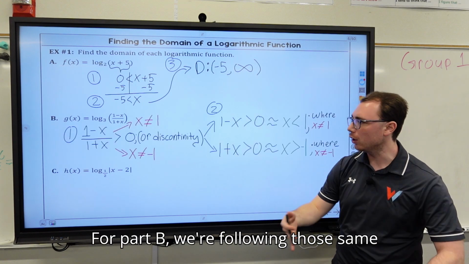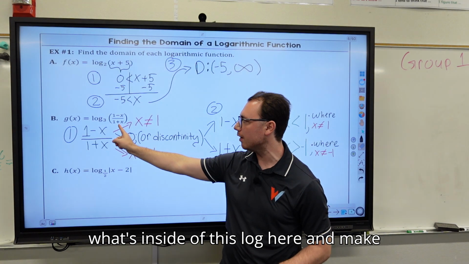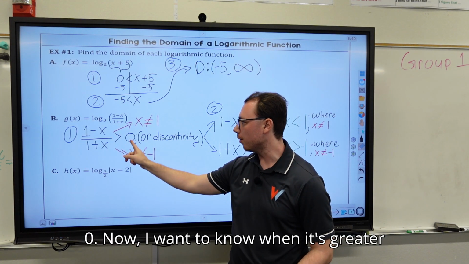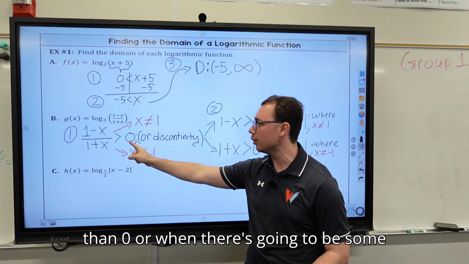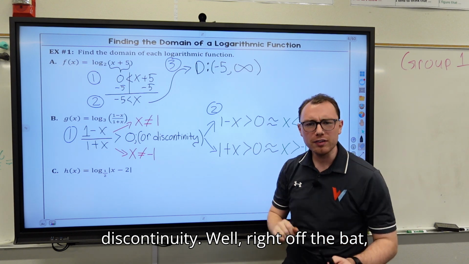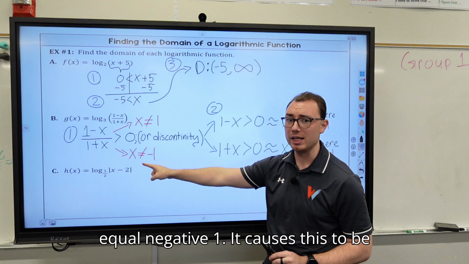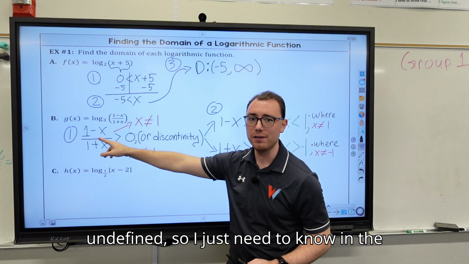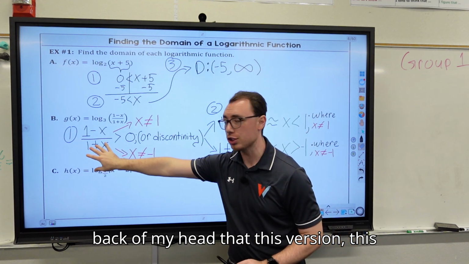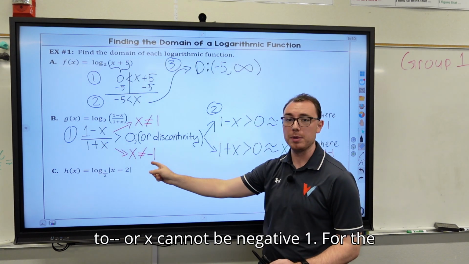Let's take another look at part B. For part B, we're following those same steps. My first step is to take what's inside of this log and make that inequality where it's greater than 0. Now I want to know when it's greater than 0 or when there's going to be some discontinuity. Right off the bat, I know that my denominator cannot equal negative 1, because it causes this to be undefined, so I need to keep in the back of my head that x cannot be negative 1.